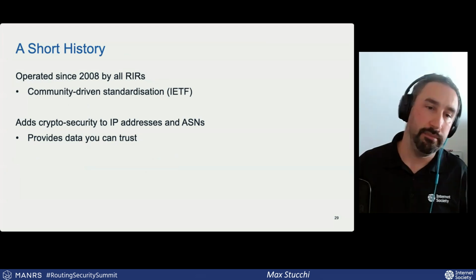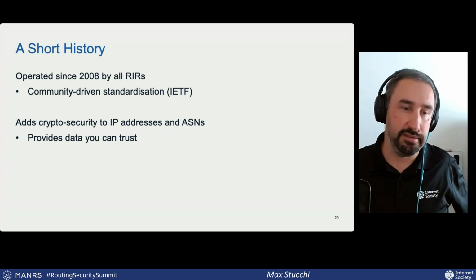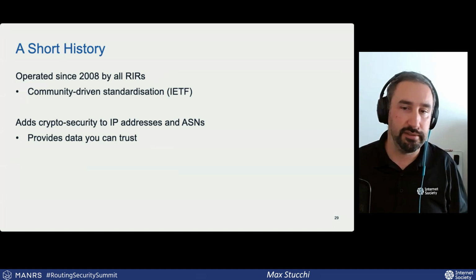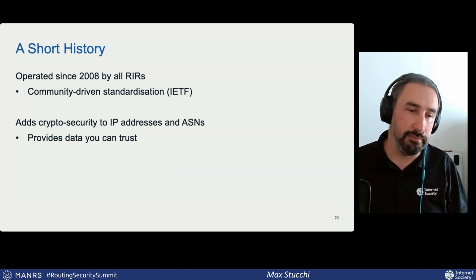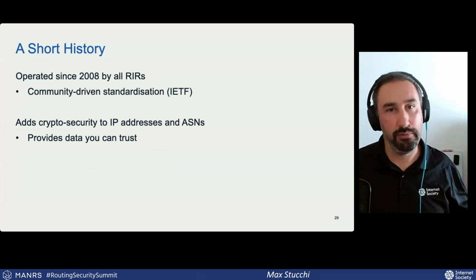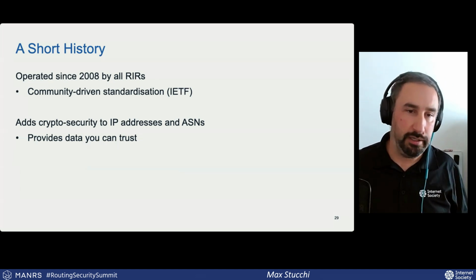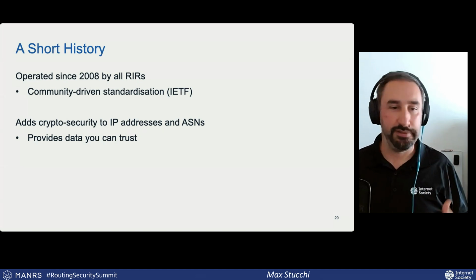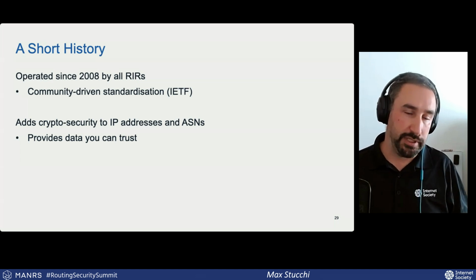So since 2008, all the regional registries started operating RPKI, which comes from standardization from the IETF. The idea is to take what we have in the IRR and add a way to verify that the data is trustable, adding what's called crypto security.